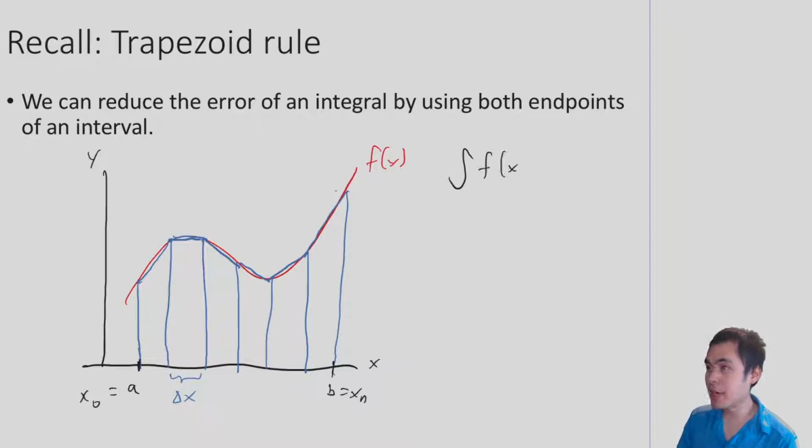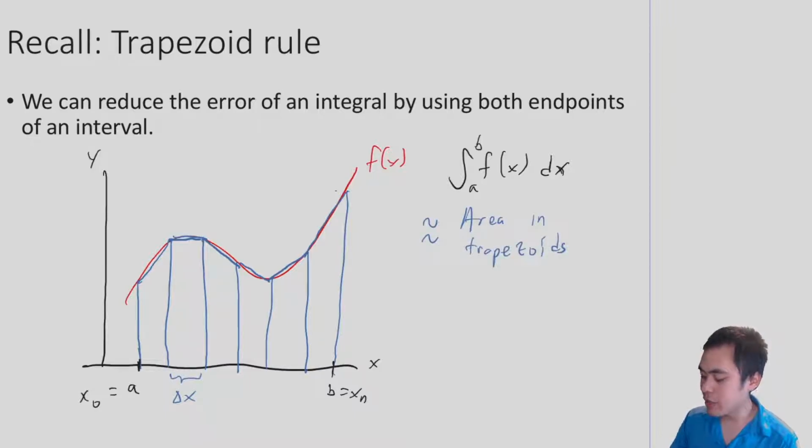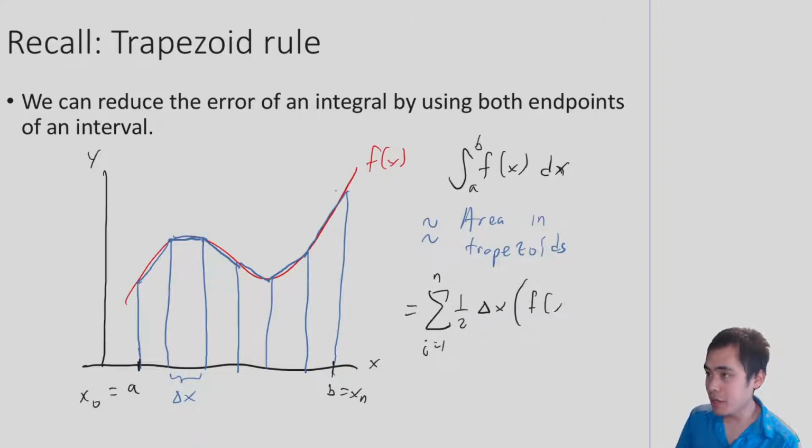So what we're saying is the integral of f of x dx between a and b was approximately equal to the area of the trapezoids. And we gave an explicit formula for that, which was the sum over i equals 1 to n of 1/2 times delta x times f of x_i plus f of x_{i-1}.